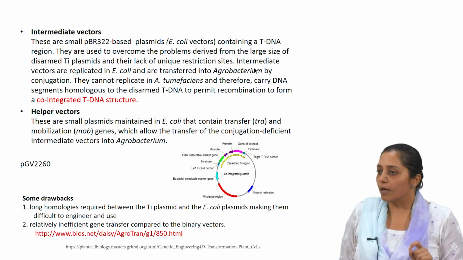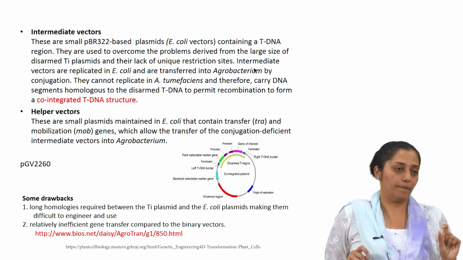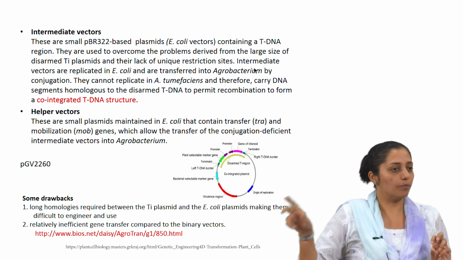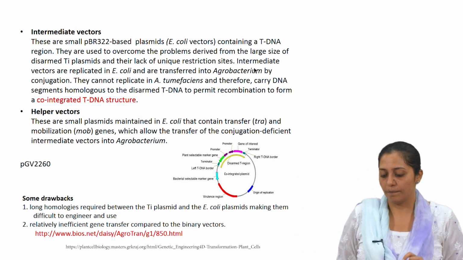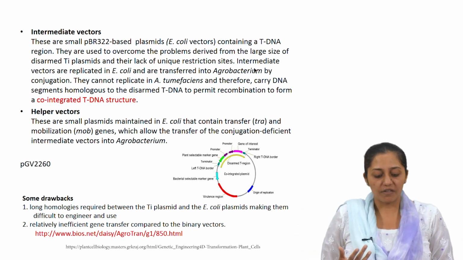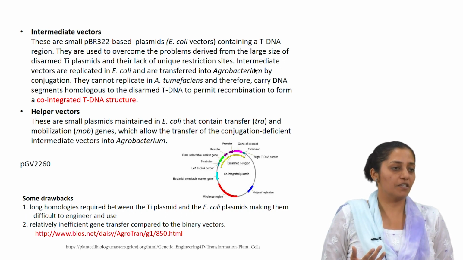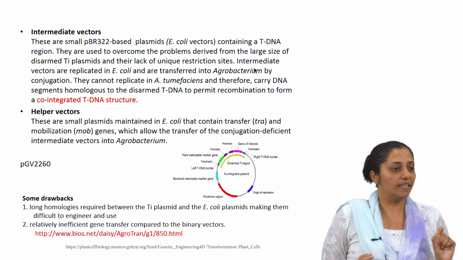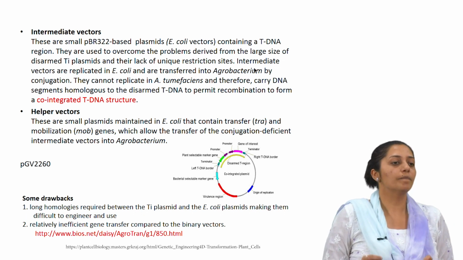These are small plasmids maintained in E. coli. These are helper plasmids for E. coli to Agrobacterium transfer. They contain transfer regions and mobilization regions which allow the transfer of the conjugation-deficient intermediate vectors into Agro.